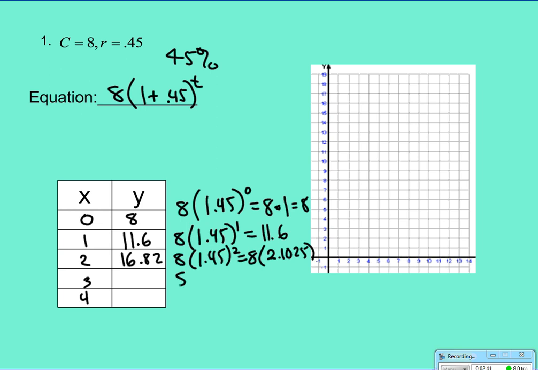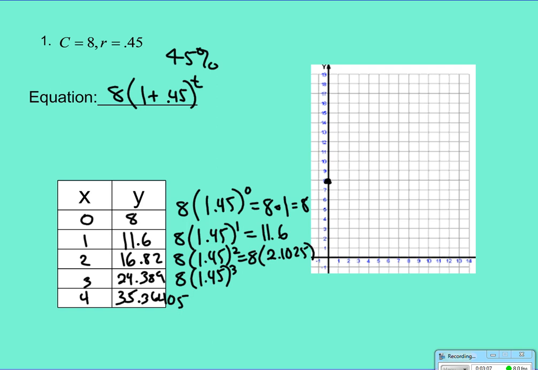Then I'm going to take 8 times 1.45 cubed, and that's going to be 24.389. Then if I do it one more time, I get 35.36405.